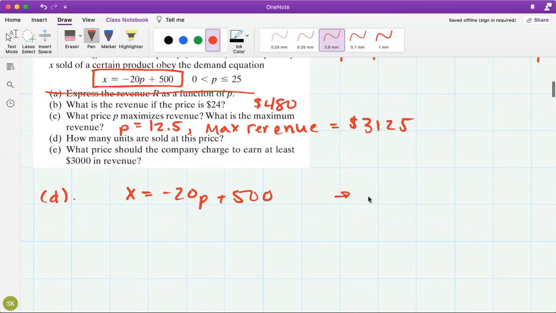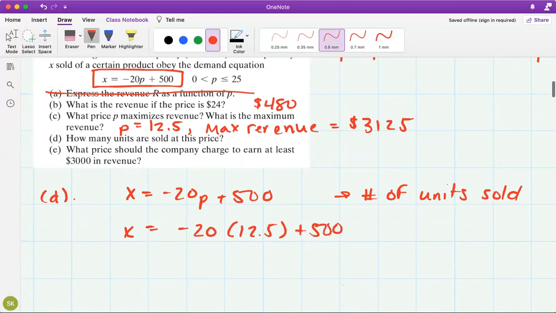This is the number of units sold. So X is equal to negative 20 times 12.5 plus 500. So this is negative 250 plus 500, which is just 250. So we're going to sell 250 at this price.